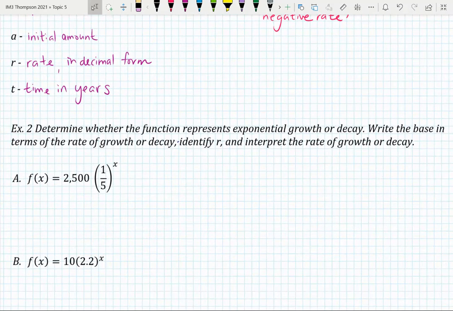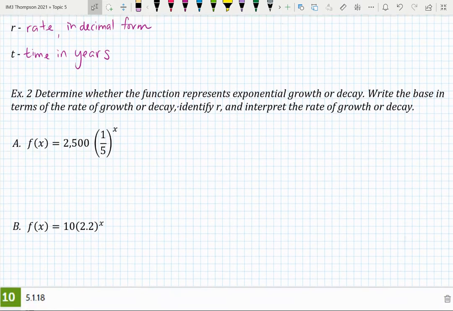Before we get to an example that has to do with money, let's just talk about identifying parts of these models. So example 2: determine whether the function represents exponential growth or decay. Write the base in terms of the rate of growth or decay. Identify r and interpret the rate of growth or decay.